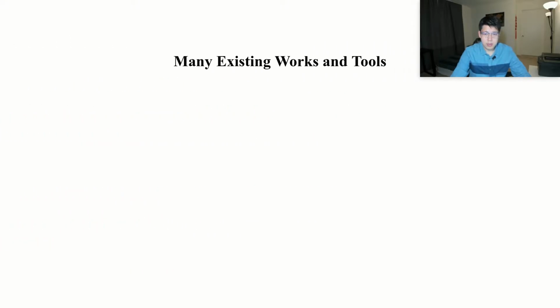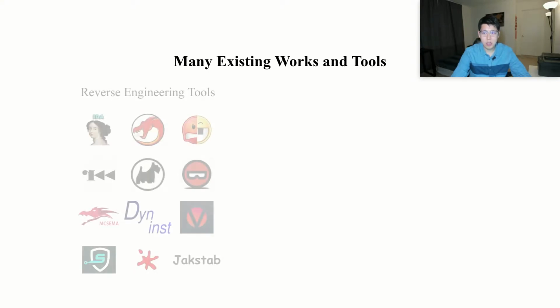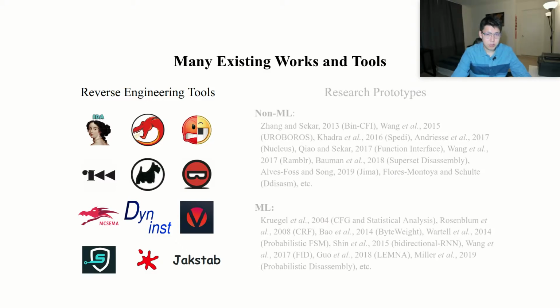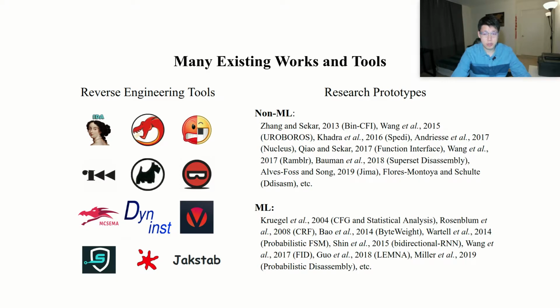As disassembly is the basis and prerequisite for any downstream binary analysis and reverse engineering tasks, all well-known off-the-shelf reverse engineering tools have built-in support for disassembly. Examples include IDA, Ghidra, and others. Besides mature reverse engineering tools, disassembly is also heavily studied by an extensive number of research papers, generating many research prototypes.